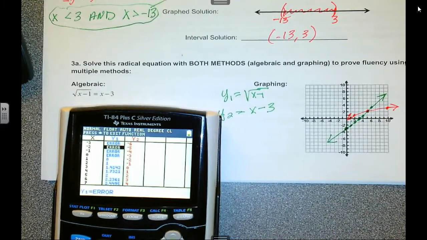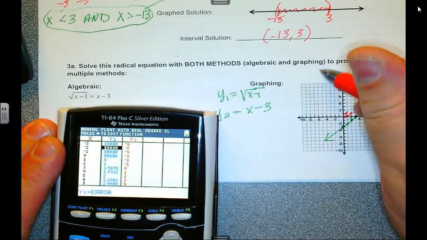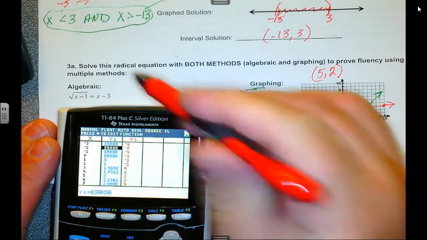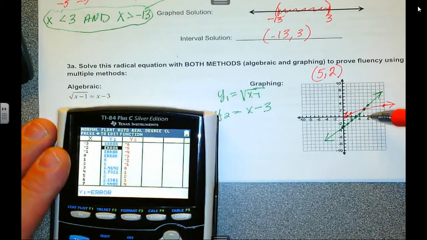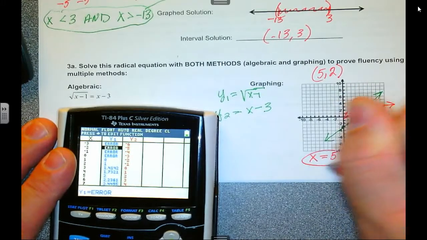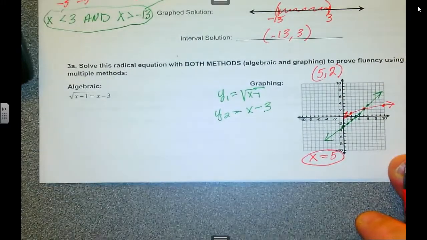Alana. 5, 2, right? My point of intersection is 5, 2. That's the solution to my equation. In fact, that's the only solution to my equation. What's my x value? So my solution is x equals 5. I only have one solution for this problem. Now, do it algebraically.